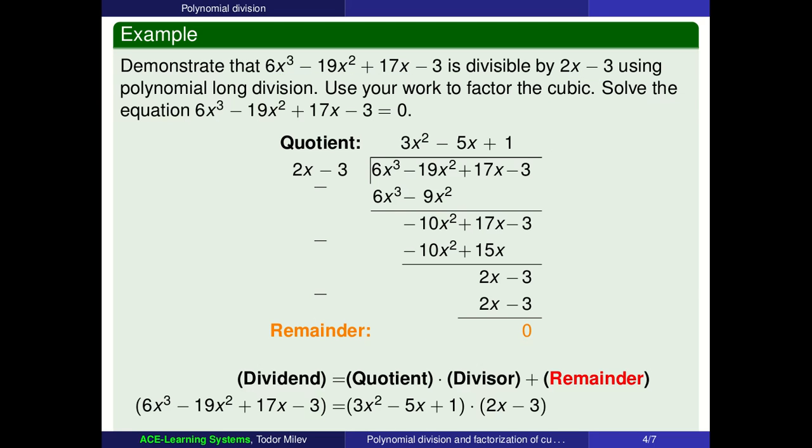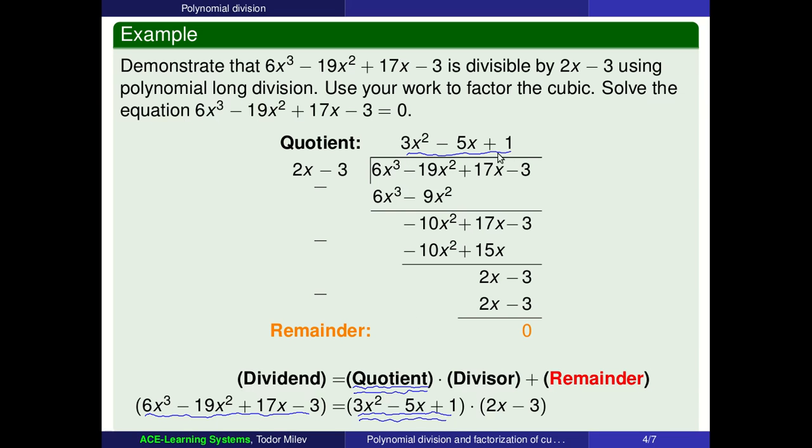So now, let's see how that polynomial long division helps us factor the cubic. As we remember, the interpretation of the polynomial long division was the following. The dividend equals the quotient, so that is the quotient here.